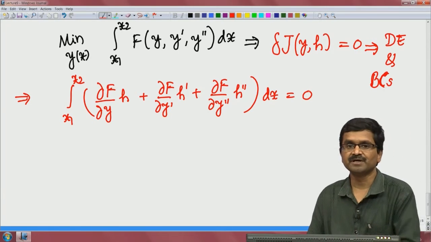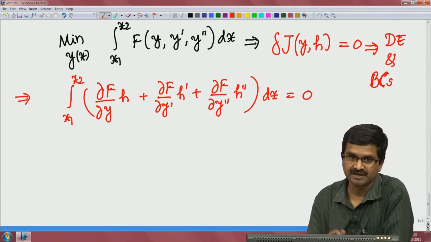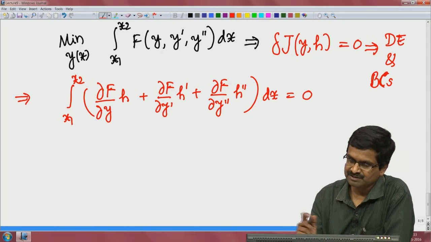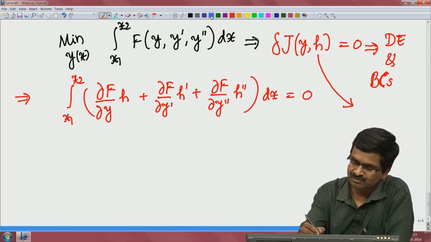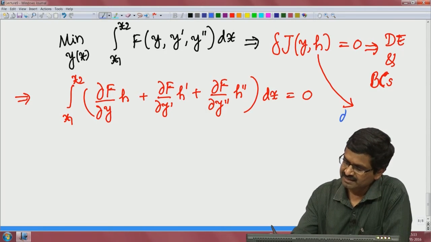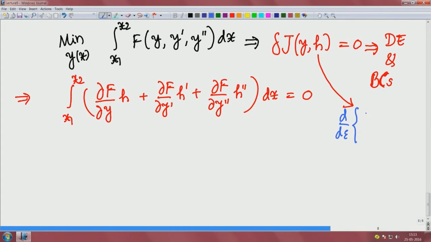That is the first step in the Gateaux variation. From the definition, to recall for you, the Gateaux variation is d by d epsilon of that J, where you replace y with y plus epsilon h and then substitute epsilon equal to 0. That is what we did for the first case.